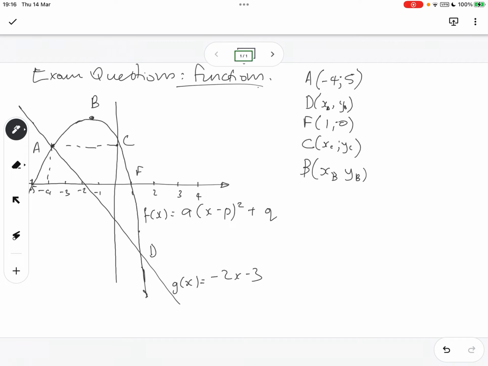Right, so we need to first find the coordinates of C. How do you think we can go about it? The coordinates of C, we know that the x value there is 0, so that we can easily determine.